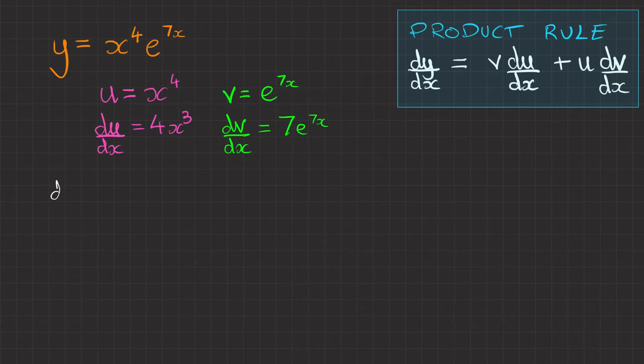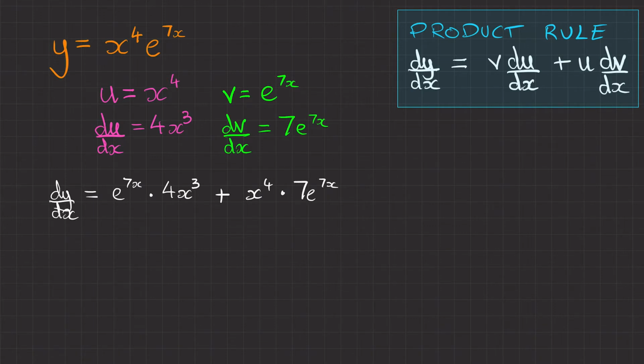So dy by dx equals v, which is e to the 7x, multiplied by du by dx, which is 4x cubed, plus u, which is x to the 4, multiplied by dv by dx, which is 7e to the 7x.